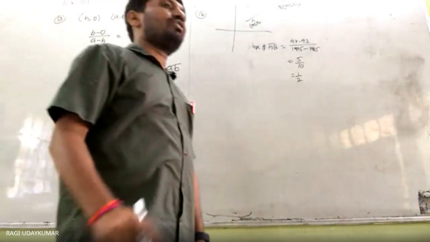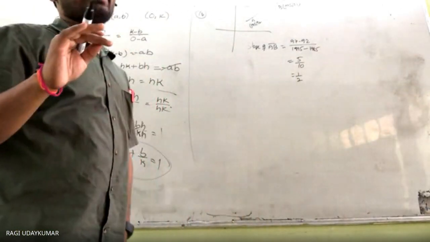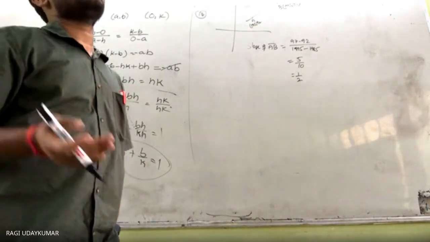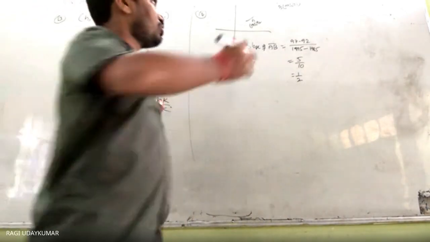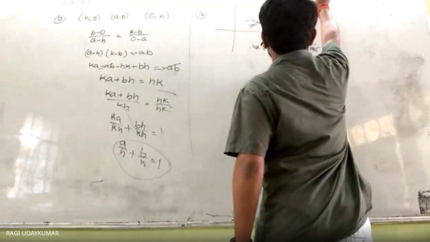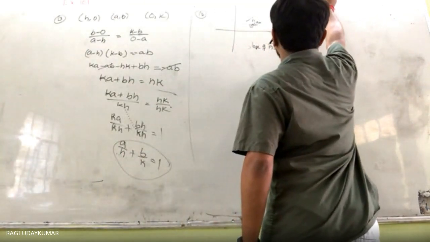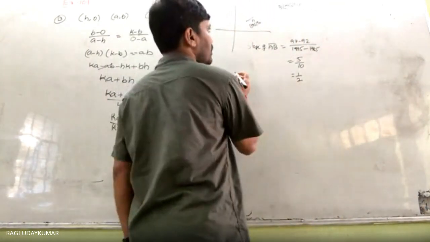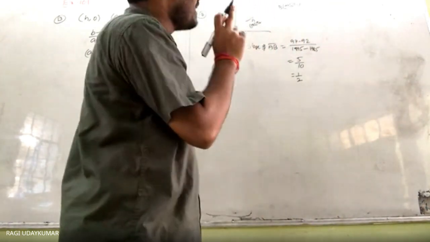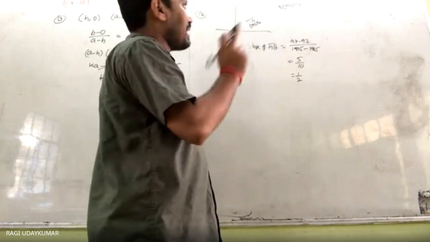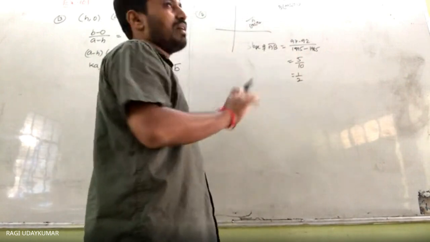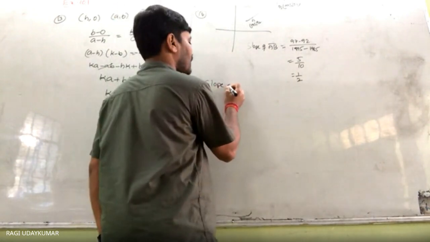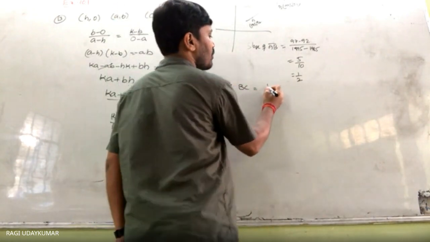Now consider the population in 2010 as X, at point C. Then this will be equal to the slope of the line joining either BC or AC, which is also 1 by 2. So slope of BC is equal to 1 by 2.